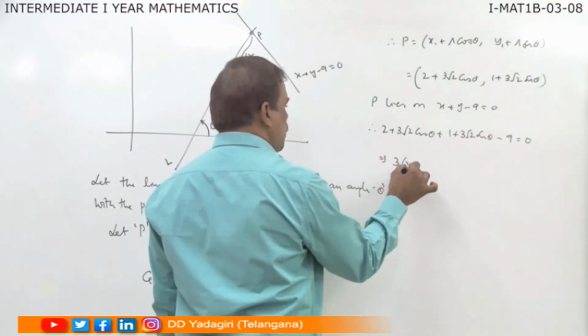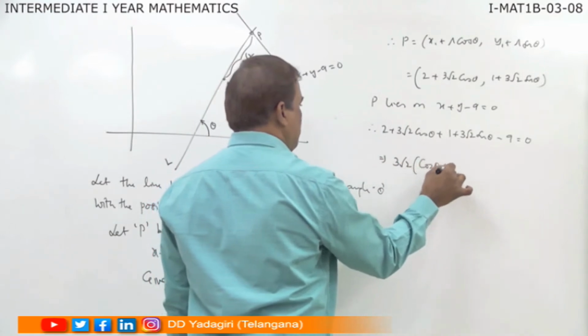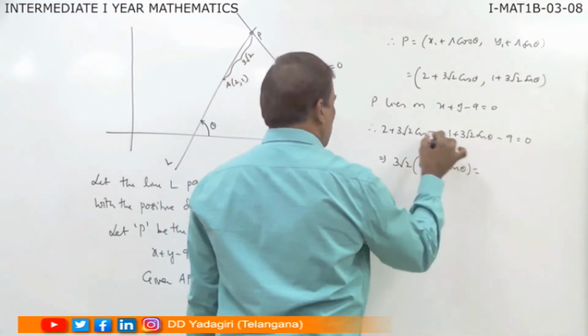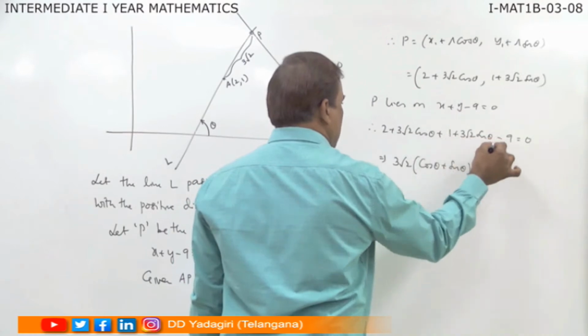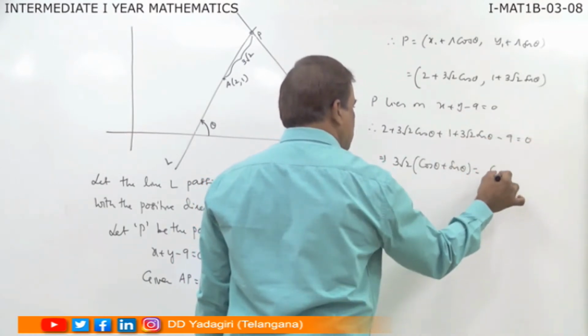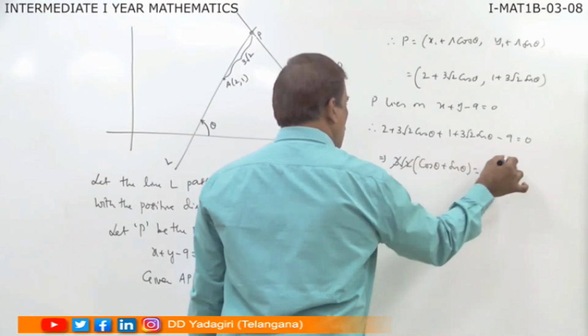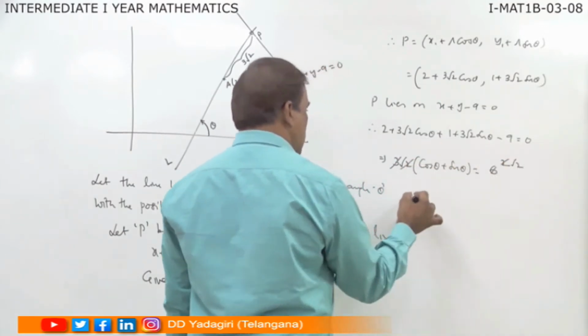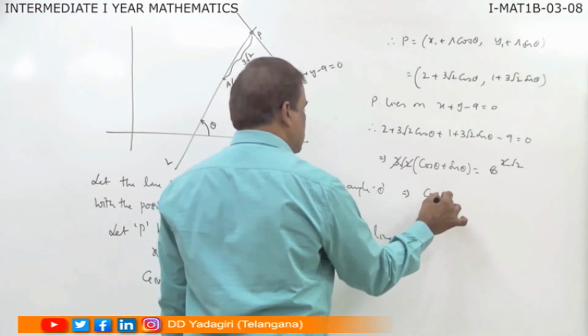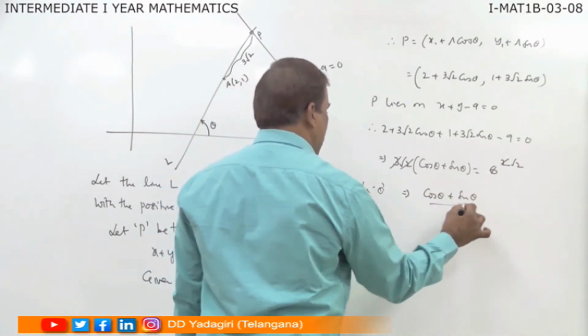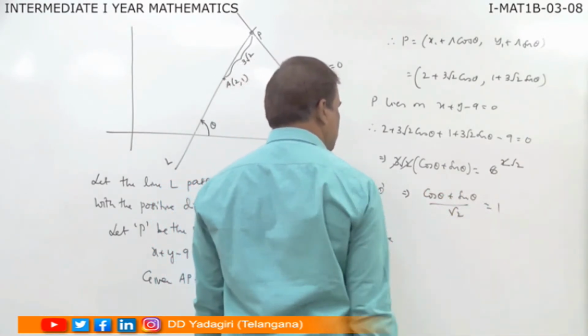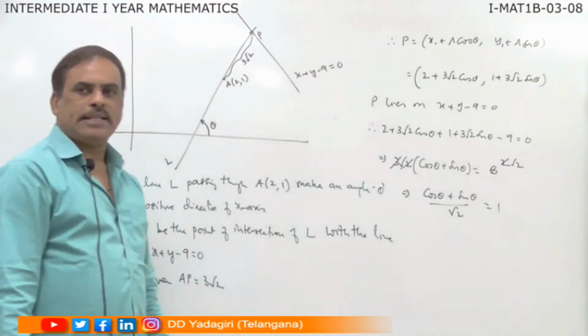This gives 3 root 2 into cos theta plus sin theta is equal to 2 plus 1 is 3 minus 9 is minus 6. When it goes this side becomes plus 6. Root 2 times gets cancelled. Let's now divide with root 2. Cos theta plus sin theta by root 2 is equal to 1.